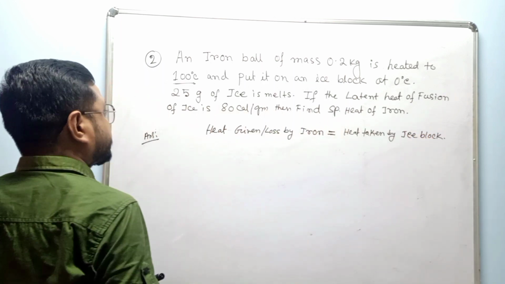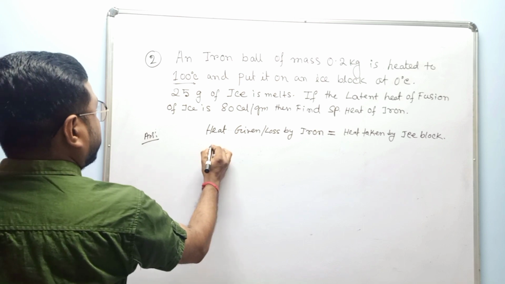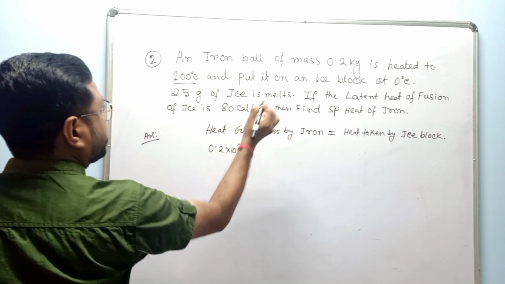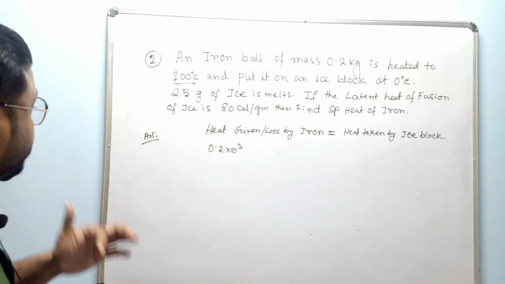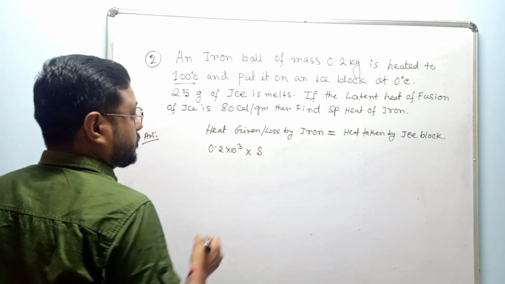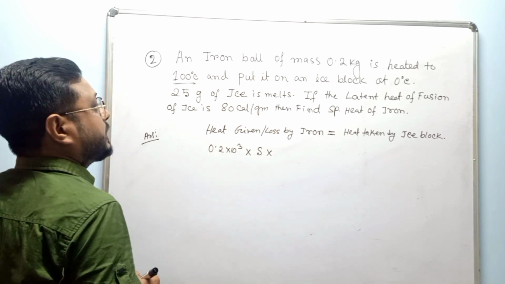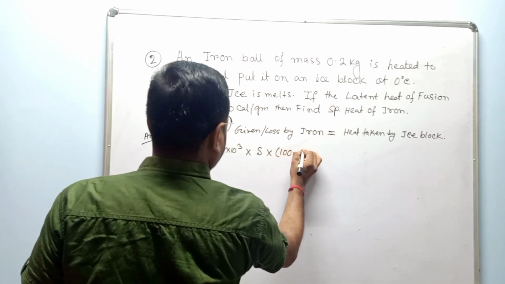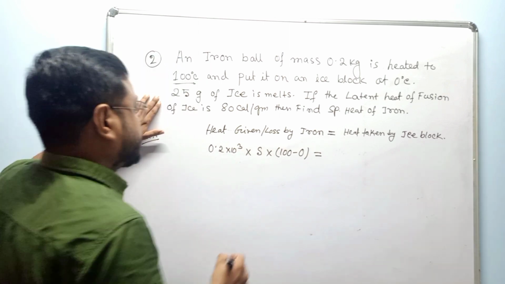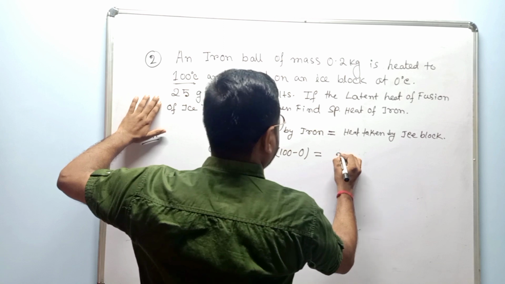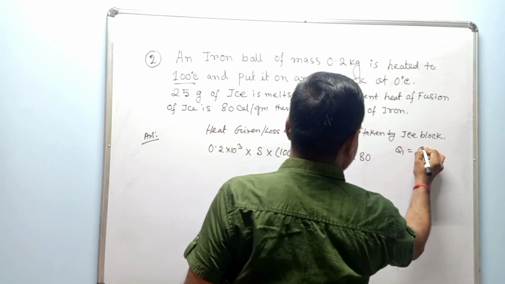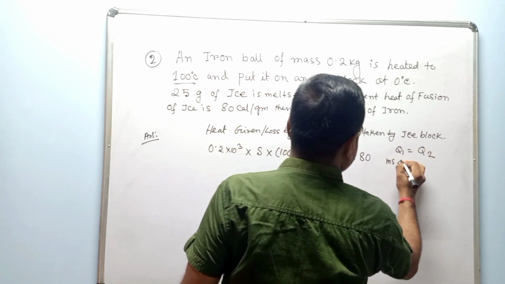Heat lost by iron is mS delta T. M is 0.2 into 10 cube, since it is in kg we convert it into gram. S we have to find out. Delta T means 100 minus 0, and this must be equal to the 25 gram of ice, that is mL, so 25 into 80. Here Q1 equals Q2. Q1 is mS delta T and Q2 is mL.